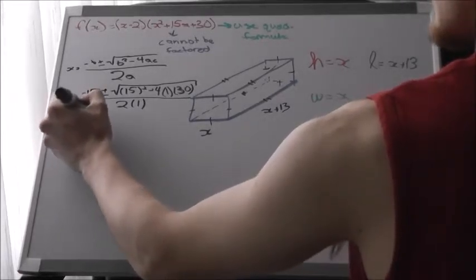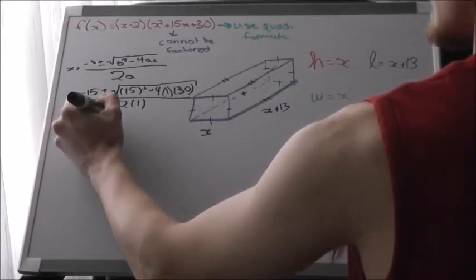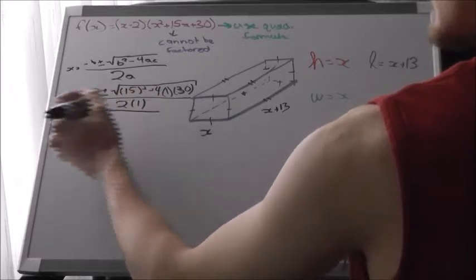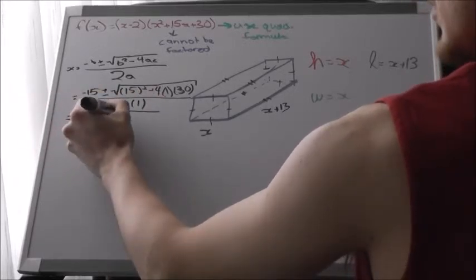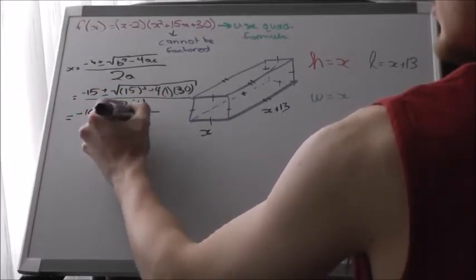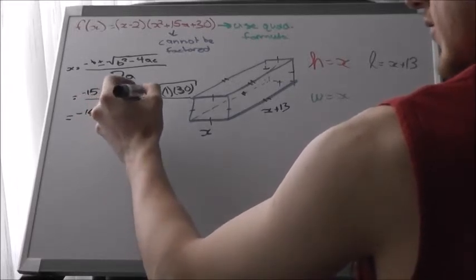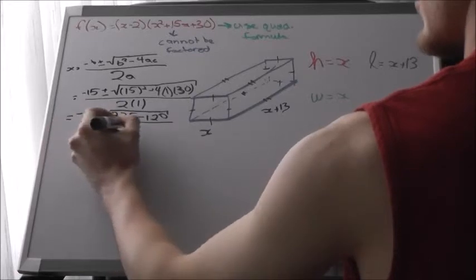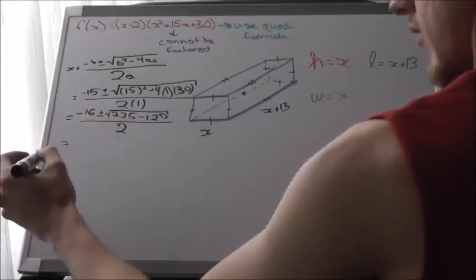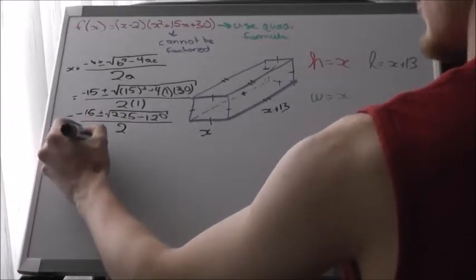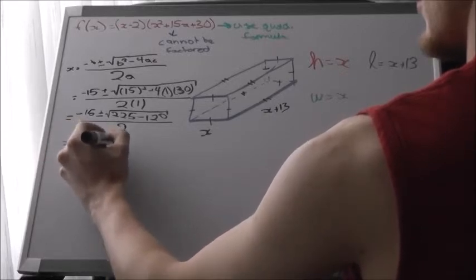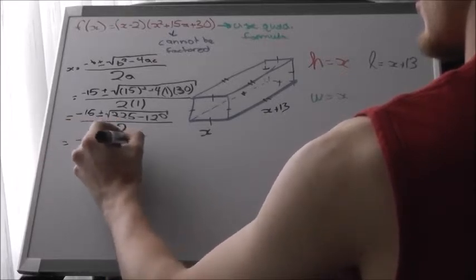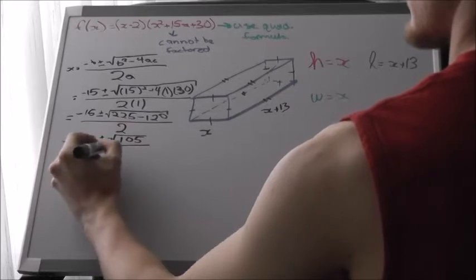So next equals negative 15 plus or minus the square root of 225 minus 120, that is all over 2. So the next line equals negative 15 plus or minus the square root of 105, because that's 225 minus 120, all over 2.